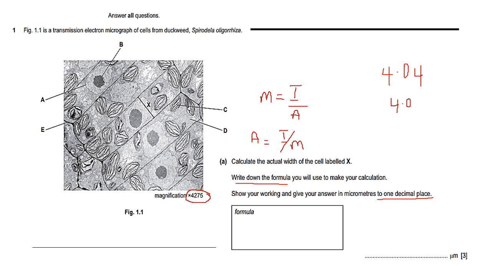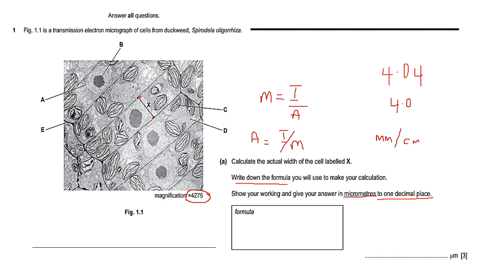So what you do here in this case is that you take your ruler and you measure the length of this line. So you can see where it says X, you measure from there to there. Once you've done that measurement, your answer should probably be in millimeters or centimeters. Then you calculate what this would be in micrometers, because remember your instruction says to give your answer in micrometers.